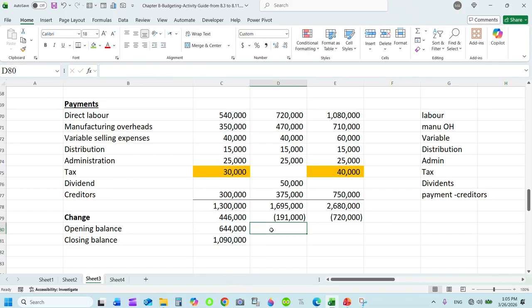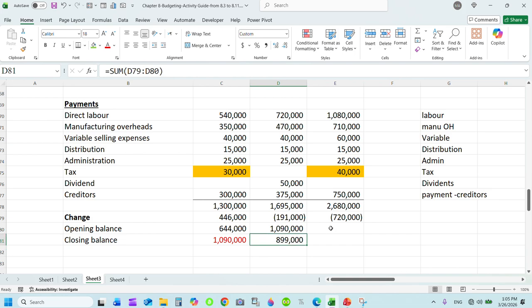Then you can find out the closing cash balance. This closing cash balance will be equal to next month's open cash balance. Then open cash balance plus this, you can receive the closing cash balance.